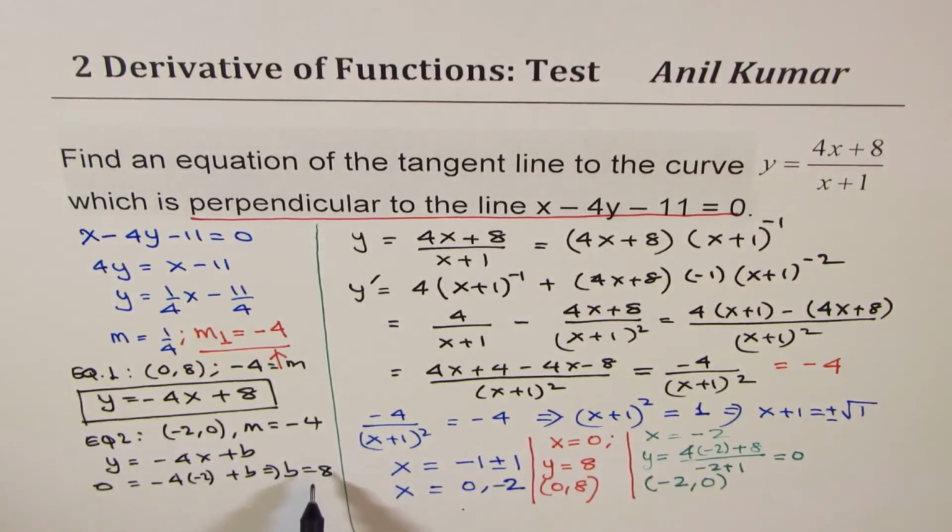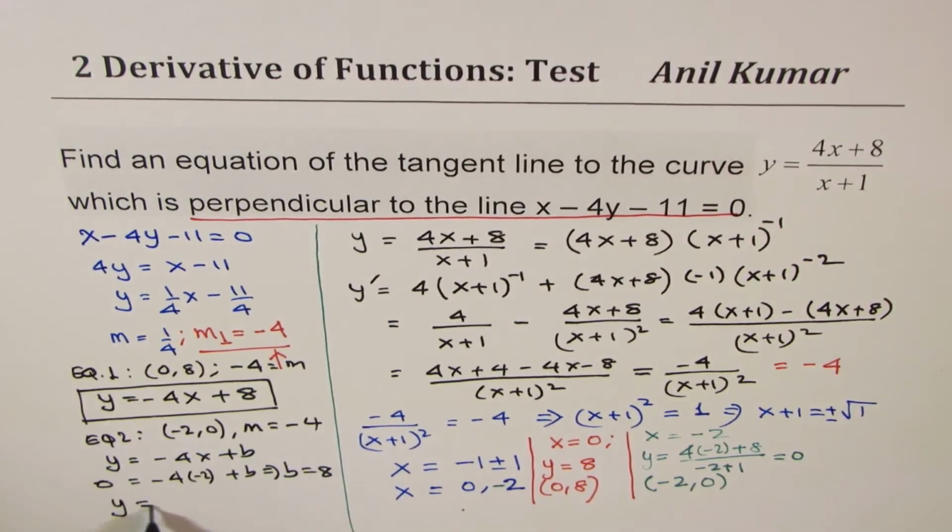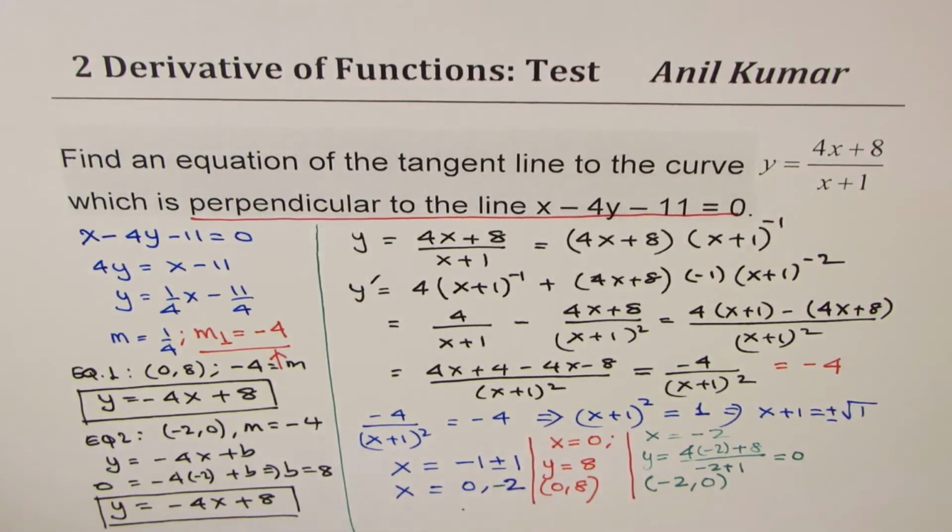And if b is plus 8, we get the same equation, y equals minus 4x plus 8. So basically, it is the same line which intersects this graph twice.